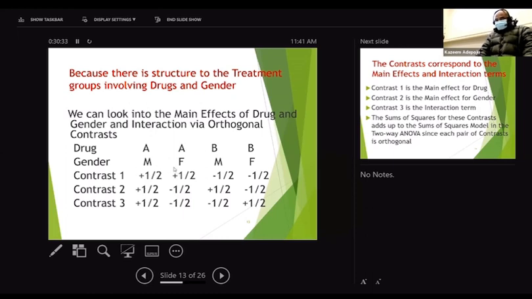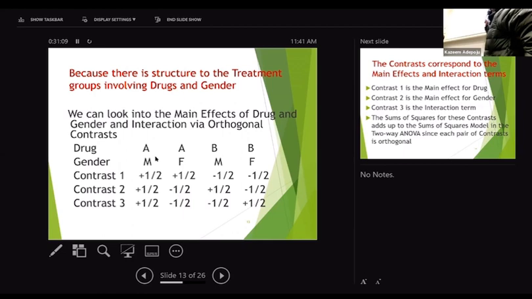If you look at contrast one, we write the drug as A, A, B, B, because the male person is going to use drug A, the male person is going to use drug B, the female person will use drug A, and the female person will use drug B. I think you know that, right? Okay. And then the gender: male, female, male, female.